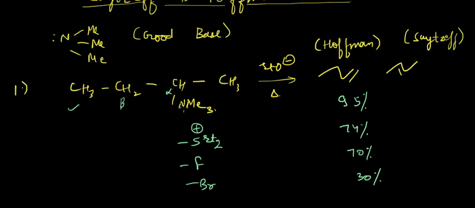Okay, so all these things happen in one step only, but when we have a strong base or a weak leaving group, as in case of NMe3, what actually happens is the carbon atom gets a negative charge so as to force the leaving of, or cleavage of, this bond.